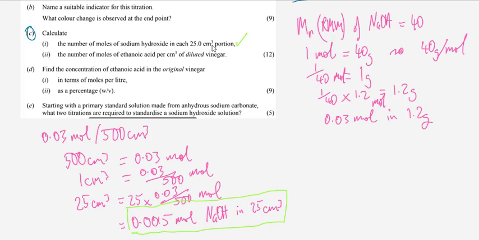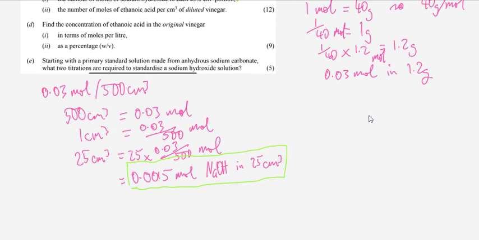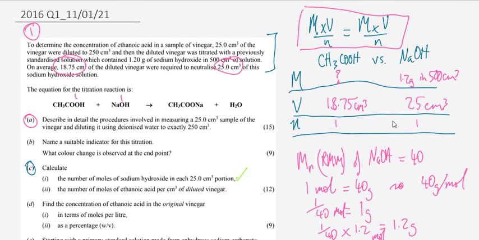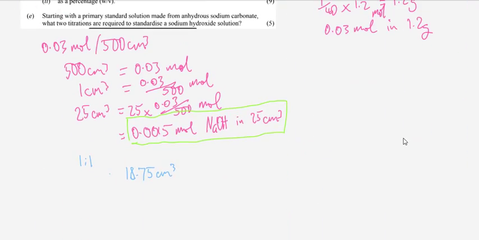Now number of moles of ethanoic acid per centimeter cubed. So it's a 1-to-1 ratio, and therefore there's the same number of moles in 25 centimeters cubed of sodium hydroxide as there are in 18.75 centimeters cubed of the acid, because if I look back up here at the table, that's the value that neutralized 25 centimeters cubed.